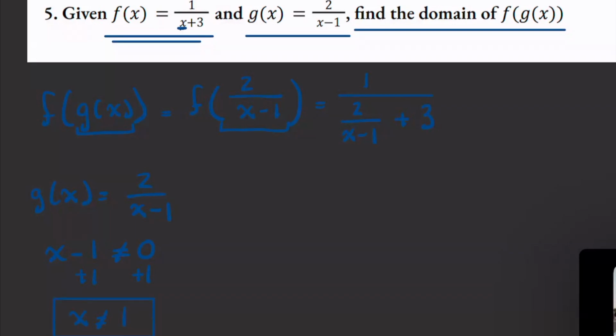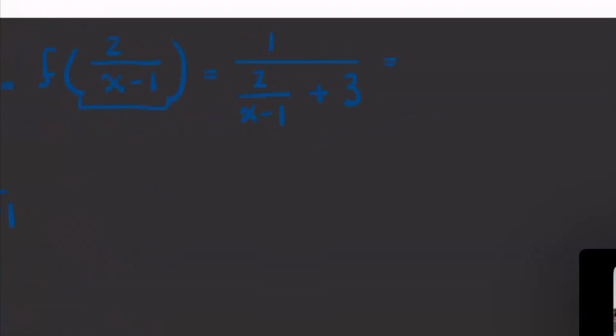After you find the restriction of your input function, now we're going to work on simplifying the function. So now here, I have 1 over, and I'm just going to work on the denominator. Again, in order for me to combine two fractions, because this is technically 3 over 1, I need to have the same denominators. So 2 over x minus 1, I'm not going to do anything with it.